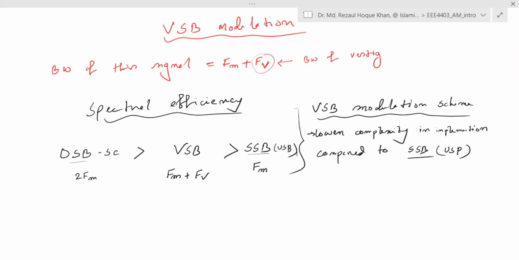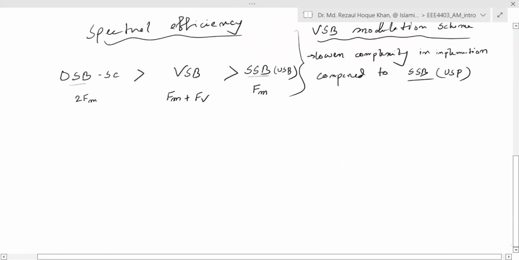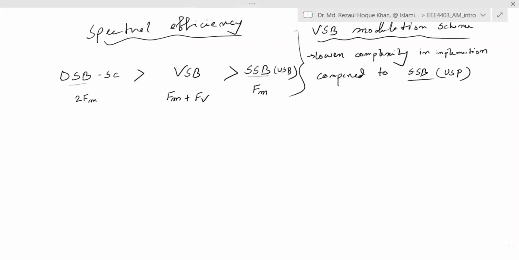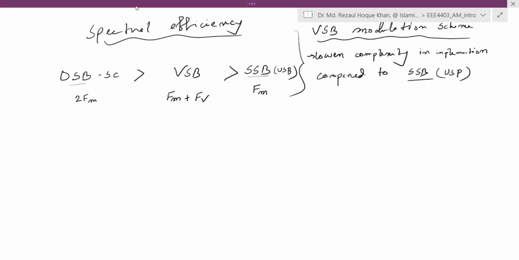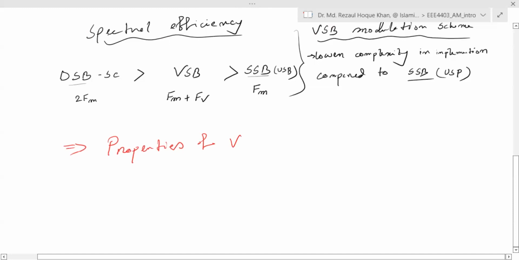So now we have to find out what the properties of this filter are, because the low pass or high pass filter in our case is practical. We can call it a practical VSB vestigial filter. So what are the properties of the vestigial sideband filter?